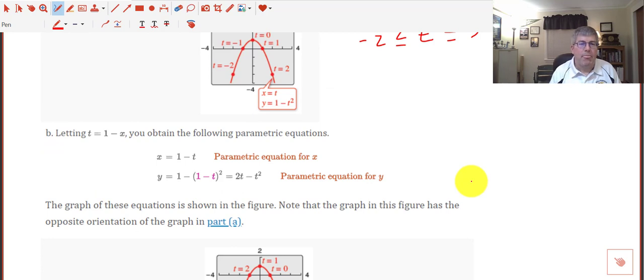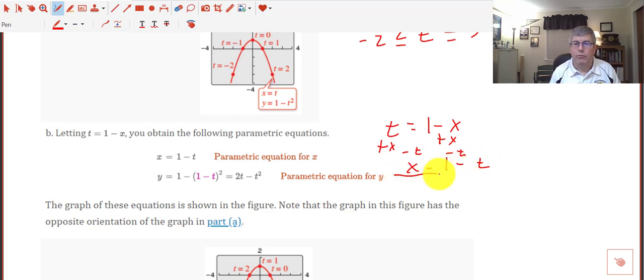Sample B, let t equal 1 minus x. We obtain the following parametric equations. So rewriting t equals 1 minus x for x, we add x to both sides. We can go ahead and subtract t from both sides, and we get x equals 1 minus t. So we have rewritten this to get x in terms of t.